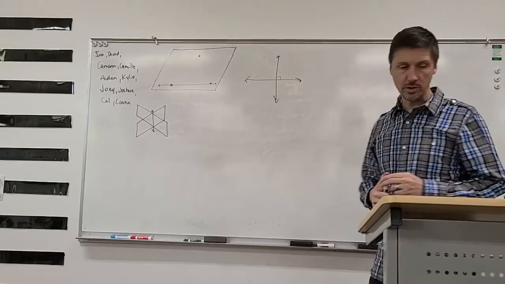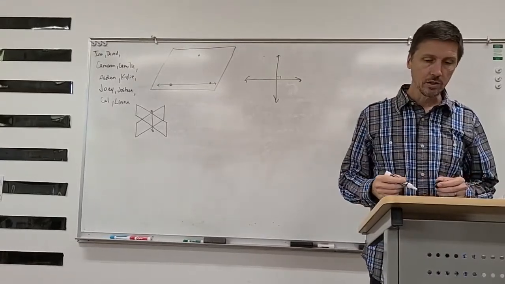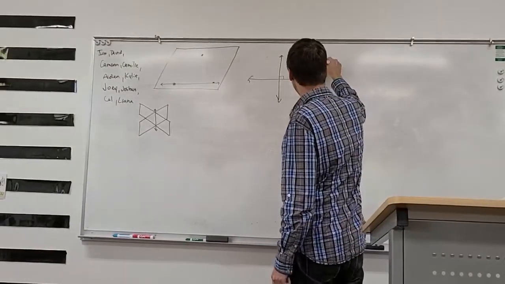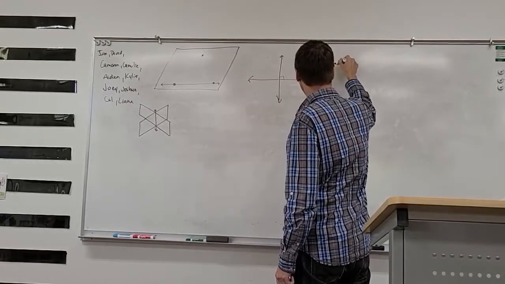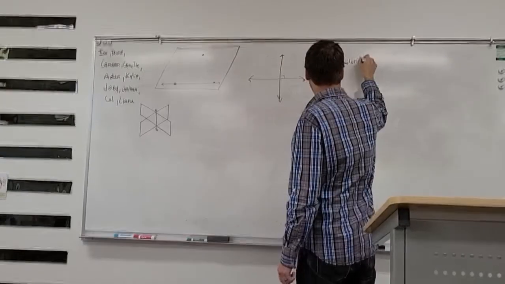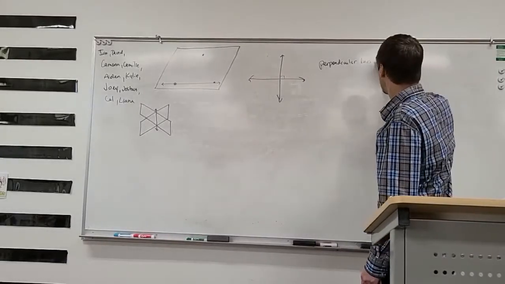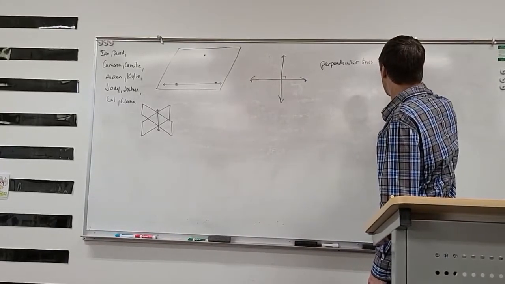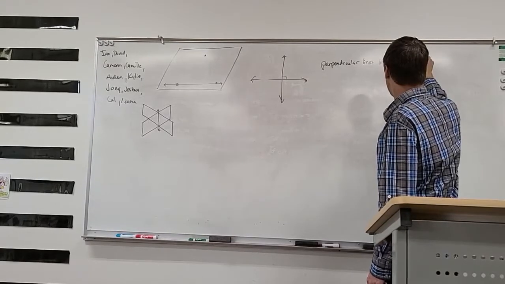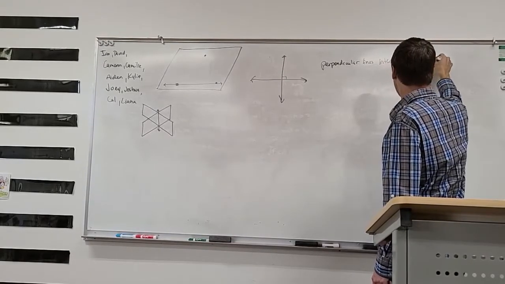So perpendicular lines, that's just a definition that you should know. Perpendicular lines intersect to form right angles.